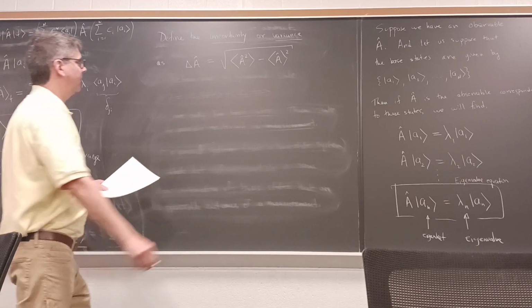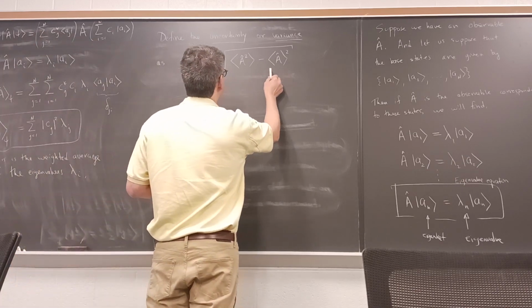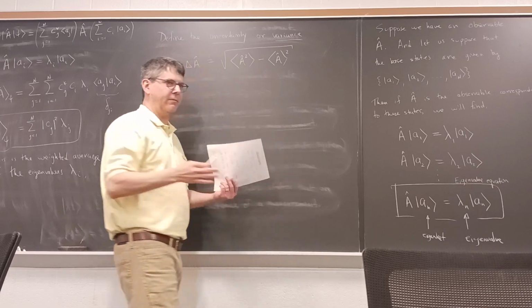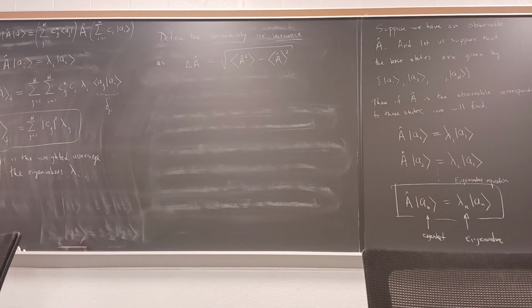Remember, the variance for a distribution gives you the width of the distribution. If it's a bell curve or a Gaussian distribution, that will give you the width.